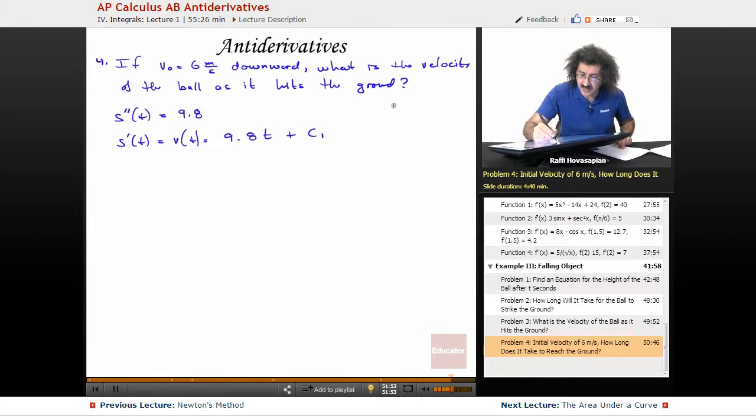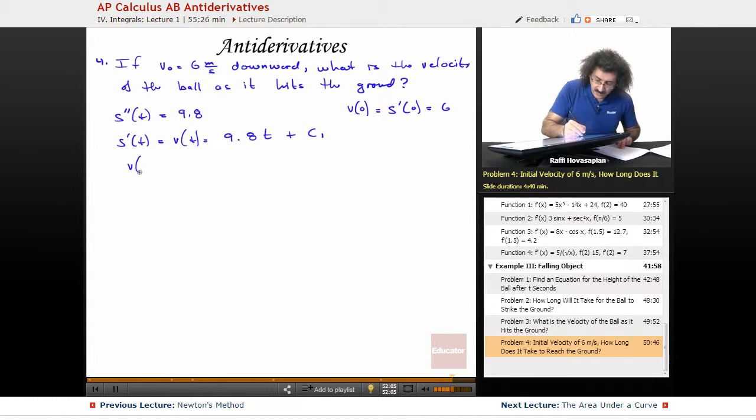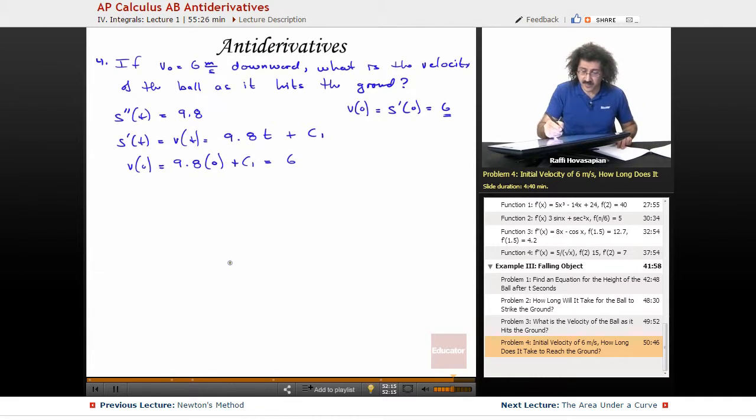But now it's slightly different. Now my initial velocity, in other words, my s prime of 0, which is my v of 0, is now 6. It isn't 0. So my velocity at time 0, which is 9.8 times 0 for t, plus c1, is equal to 6 meters per second.